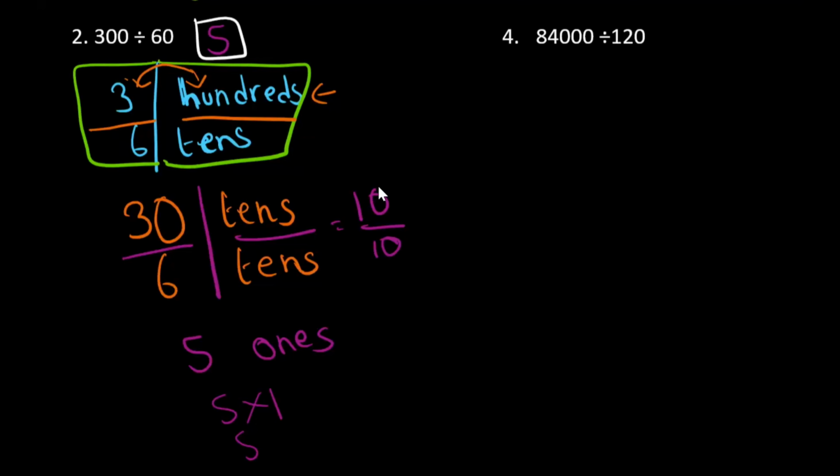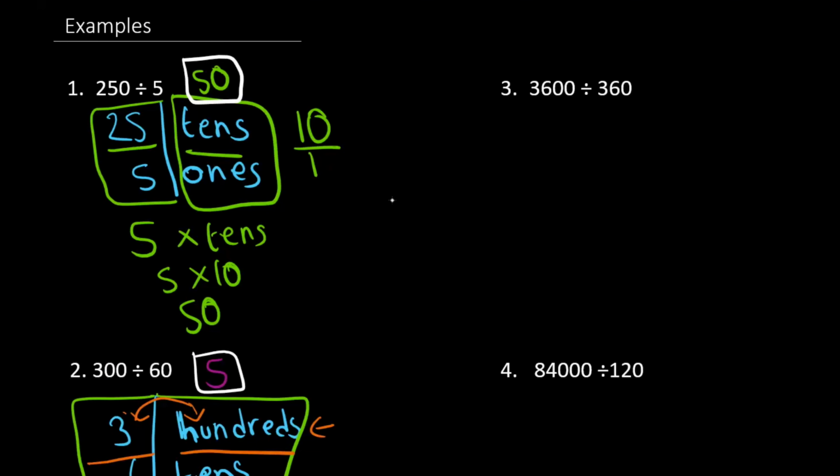Now let's do the third question. So the third question says 3600 divided by 360. So let's simplify it. 3600 also equals 36 hundreds and then 36 tens. Now let's use a line to divide it. And let's divide.